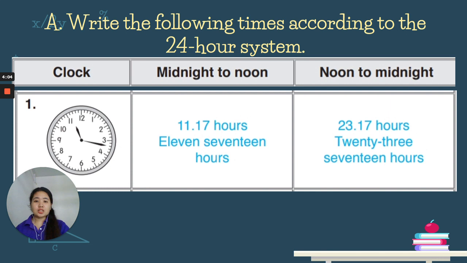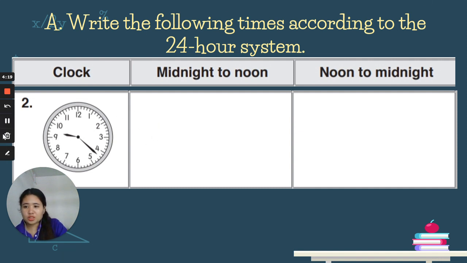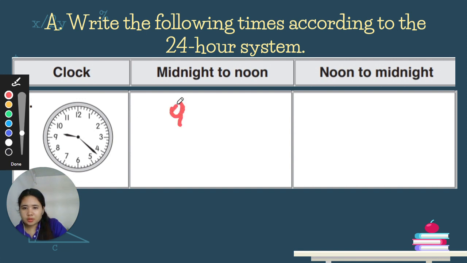Okay, let's go now to number 2. Let's look at the clock again. The small hand points at 1, 2, 3, 4, 5, 6, 7, 8, 9, right? So it's 9. Okay, that's right. Let's count the minutes: 5, 10, 15, 20, 21, 22.